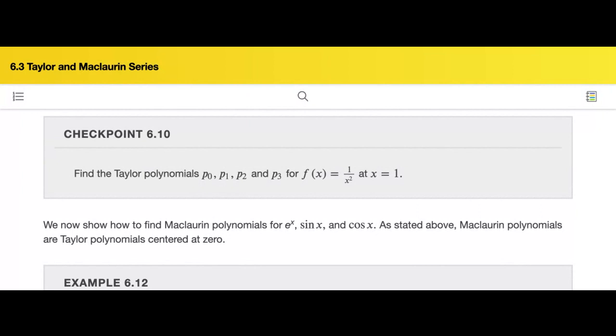So P3 is 1 minus 2 times x minus 1, minus or plus? I get a plus 3 times x minus 1 squared minus 4 times x minus 1 cubed. Right?